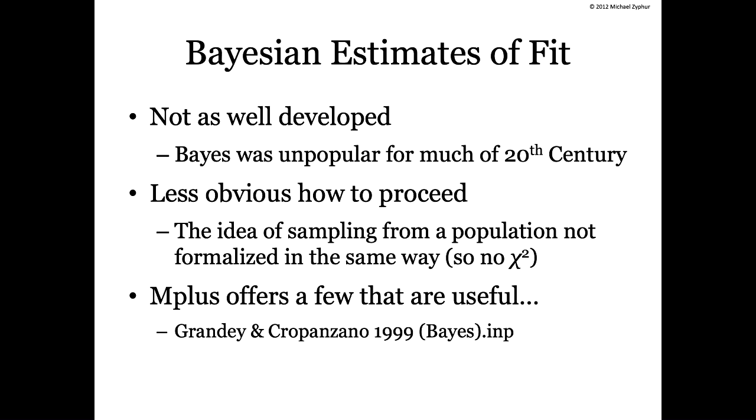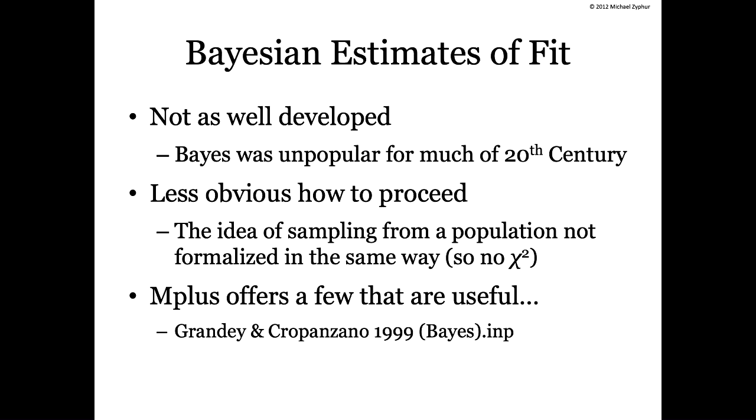It's less obvious how to proceed here because you have both the observed data and model priors. So it's not entirely clear. And you don't have, for example, a chi-square, which is a frequentist concept.